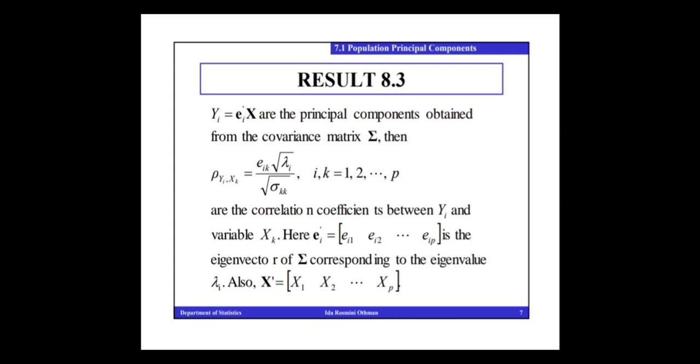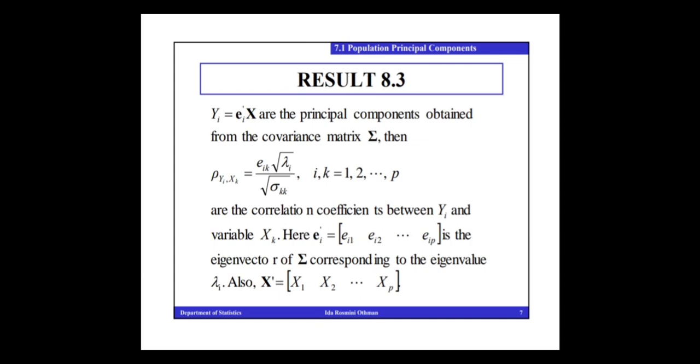So you know how to find lambda 1, you know how to get the value of the standard deviation of the variables. What about this one? Normalized eigenvector e_ik. Okay, let's see here. The first element is E1 transpose, which means the eigenvector for the first principal component.